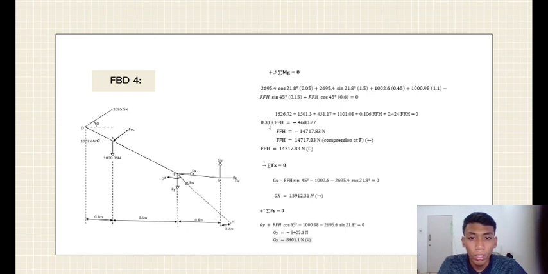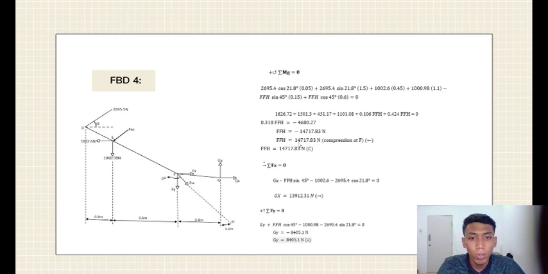We can get 0.1318 FFH equal to negative 4680.27. So we want to get the answer of the force at point FH. Negative 4680.27 divided by 0.318, we get the answer negative 14,700 and 17.83 Newton.